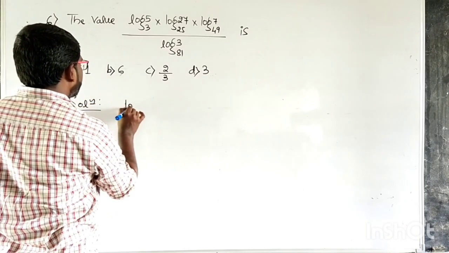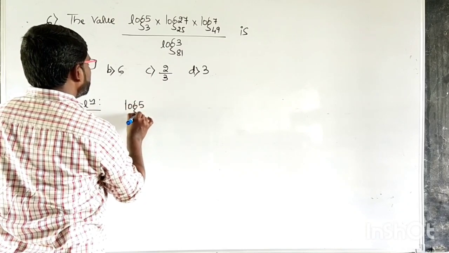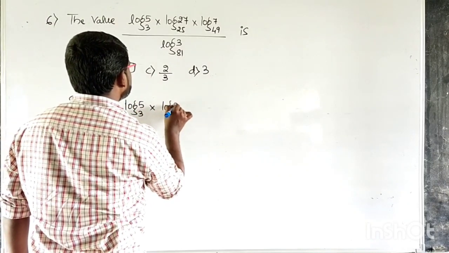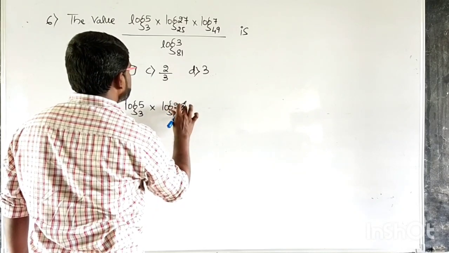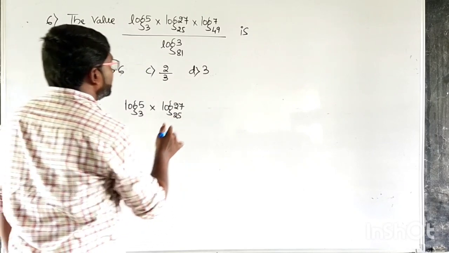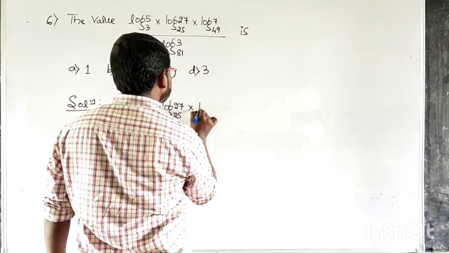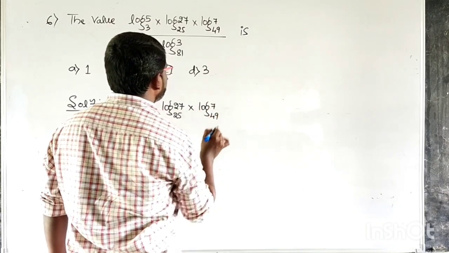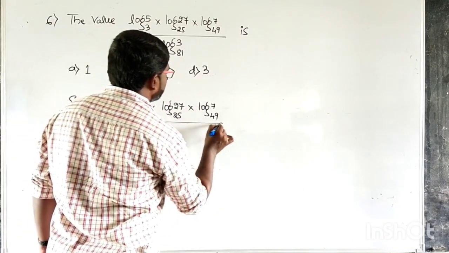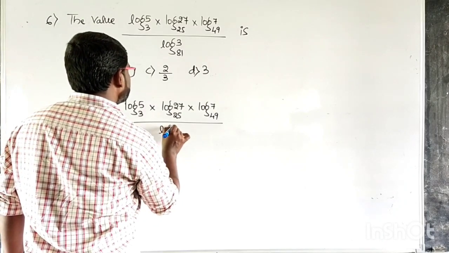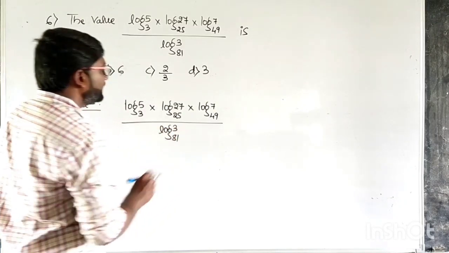So log 5 to the base 3 into log 27 to the base 25, then into log 7 to the base 49, then whole divided by log 3 to the base 81.